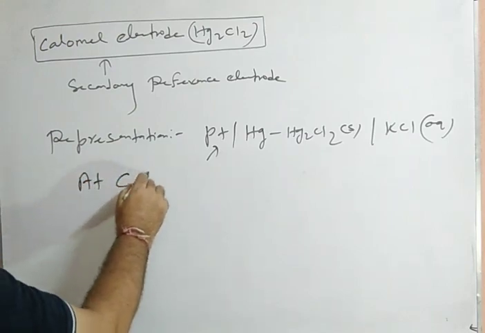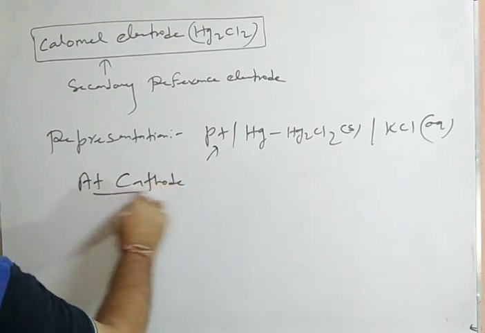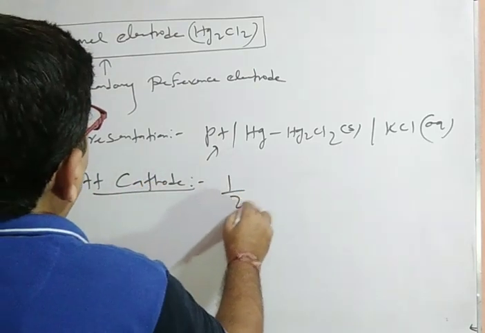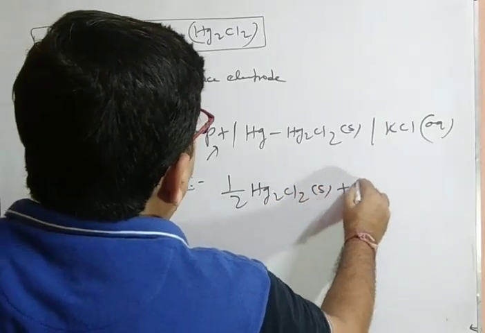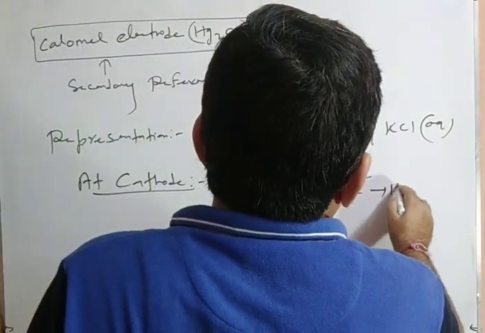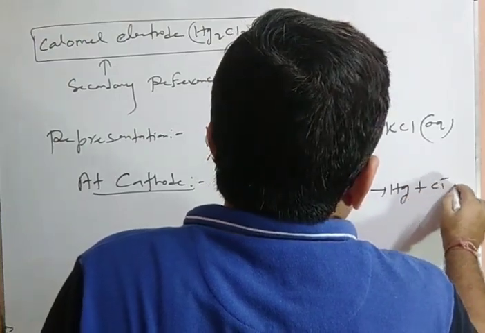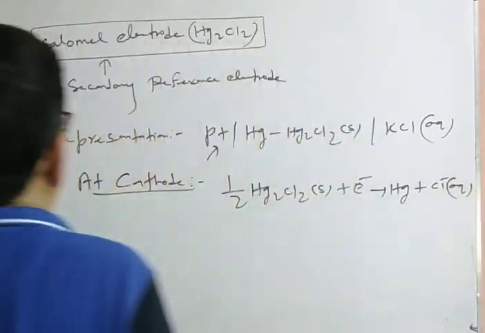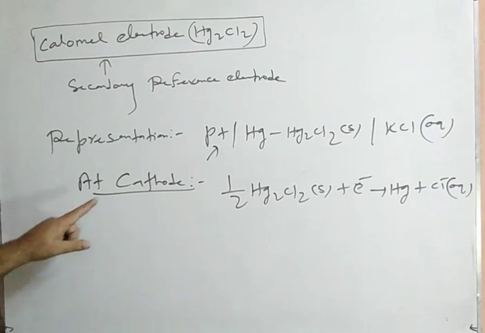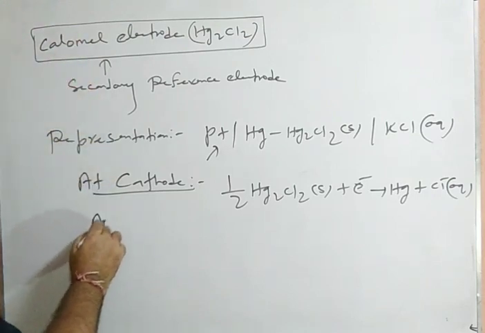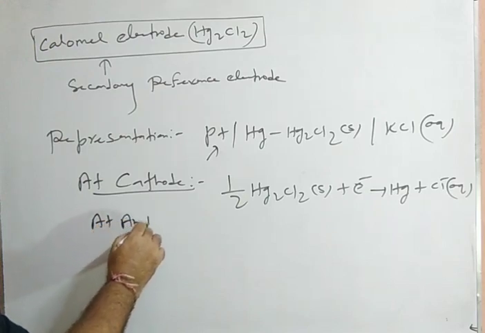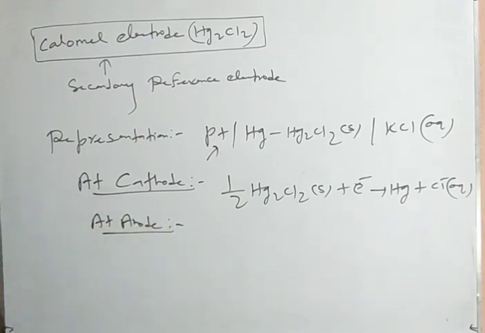At cathode, half Hg2Cl2 solid plus one electron is converted into mercury plus Cl minus aqueous. This pattern of reaction becomes possible at cathode in the calomel electrode. At anode, there is always oxidation.